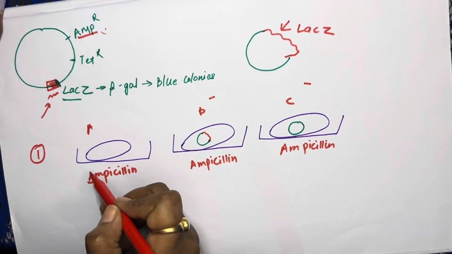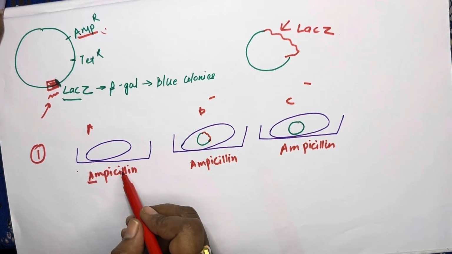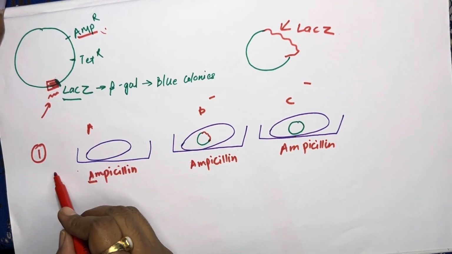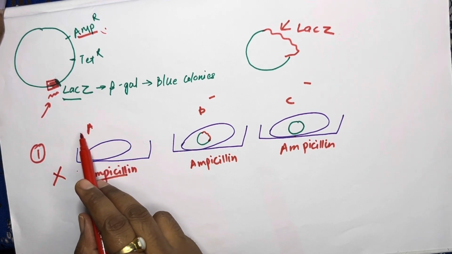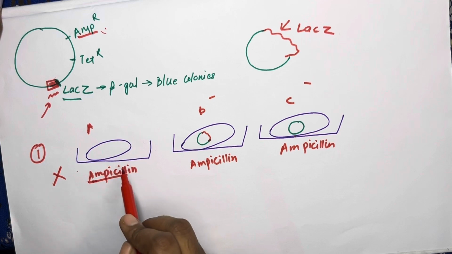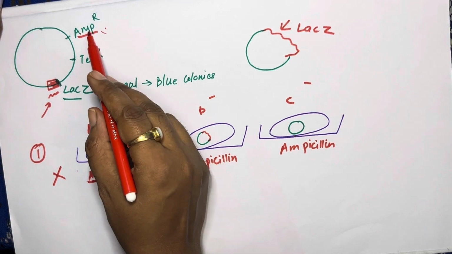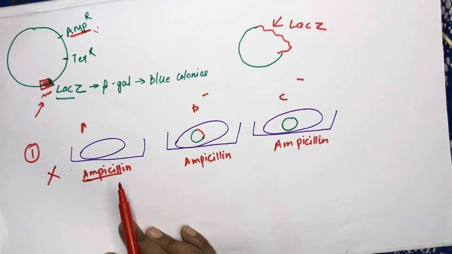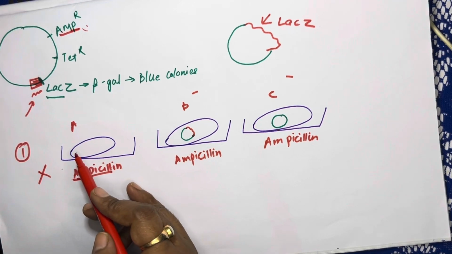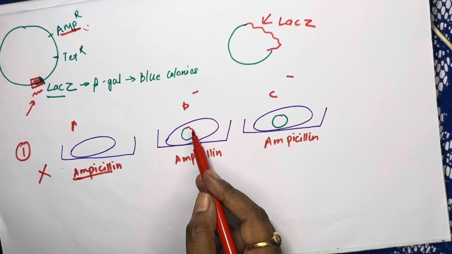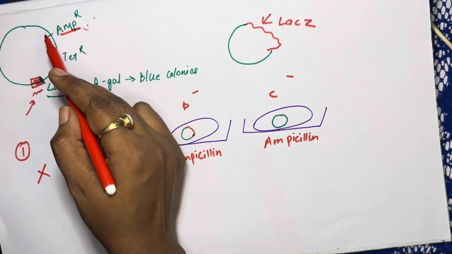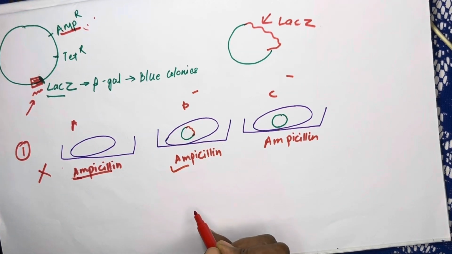So this A bacterium is not transformed, nor is it recombinant, so it will be eliminated, because here we have put ampicillin antibiotic, and A will not know how to survive in ampicillin because it lacks the ampicillin resistance gene, as it has no plasmid in it. Next, the B bacterium has the plasmid which has the ampicillin resistance gene, so it can survive in ampicillin.